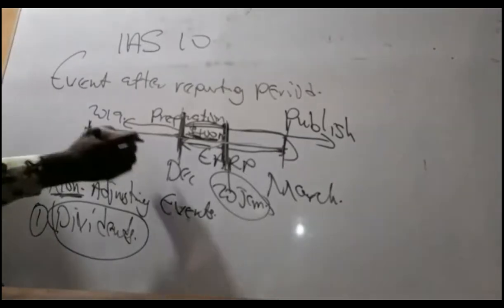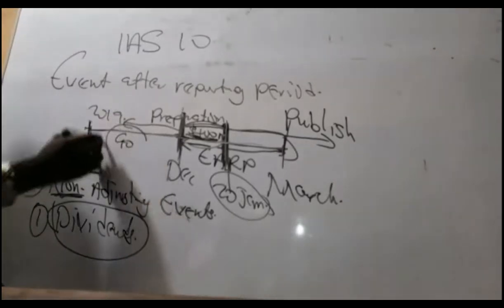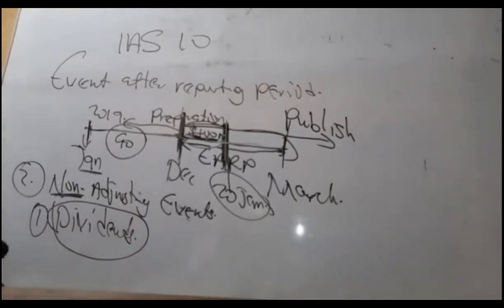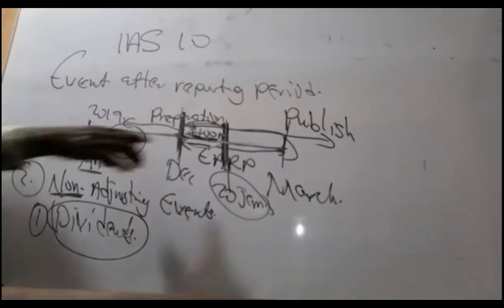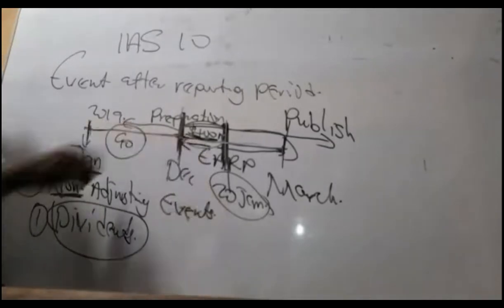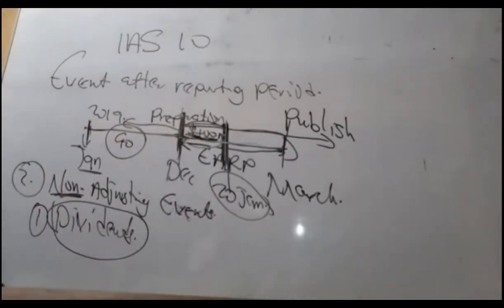You use going concern when you have a good survival outlook, or use the breakup basis if you know that your going concern is in doubt. This transaction, this loss of $400 million, probably you're a startup and it can collapse your business easily.